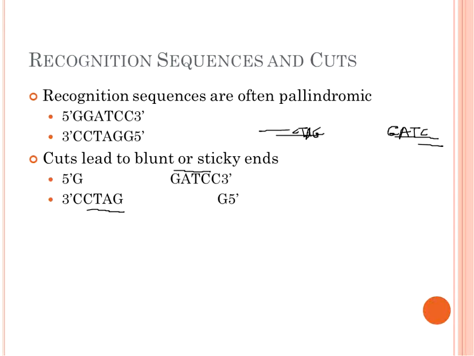You get that? Okay. Now, you use the same restriction enzyme to cut another piece of DNA, and guess what? That is also going to create the same sticky ends, right?